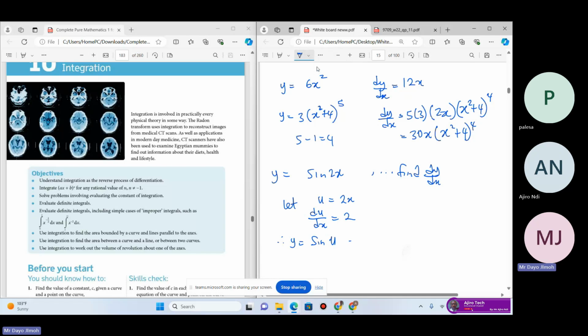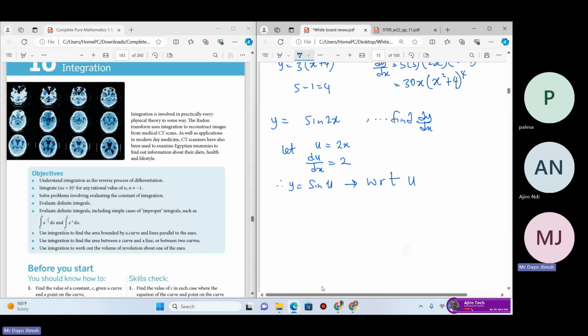In this case now, y is with respect to u, not x. If I differentiate it, I'll have dy/du, not dx now. The dy/du is what? Cos u, right? And cos u is equal to cos 2x.